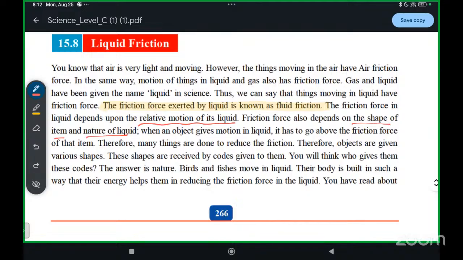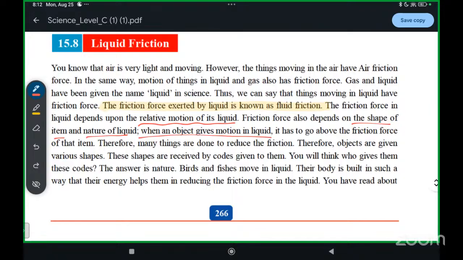Then, when an object moves in liquid, it has to overcome the friction force of that liquid, like when you are dissolving something in water, you are giving motion in the liquid. So these are all the things that affect the friction force of liquid.